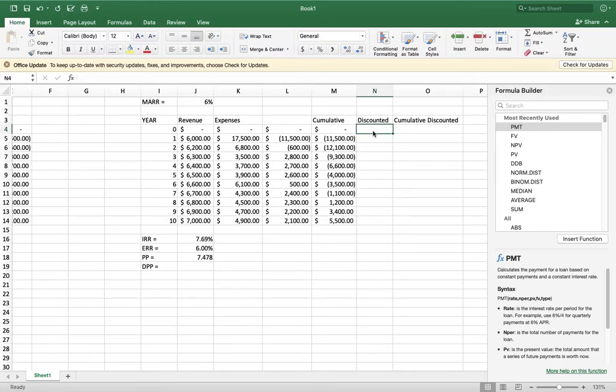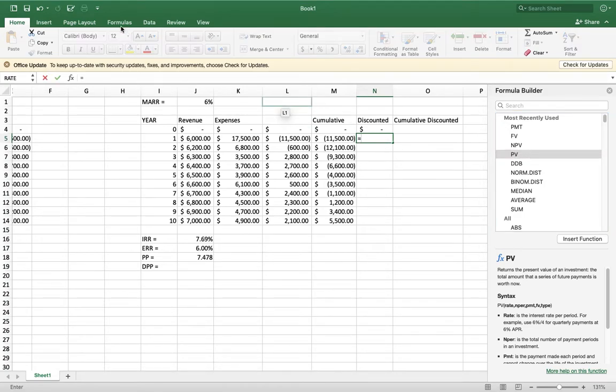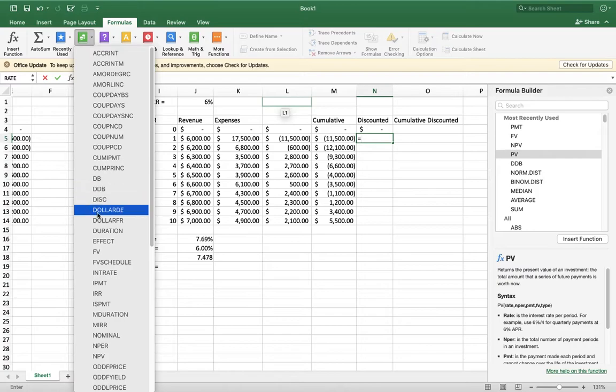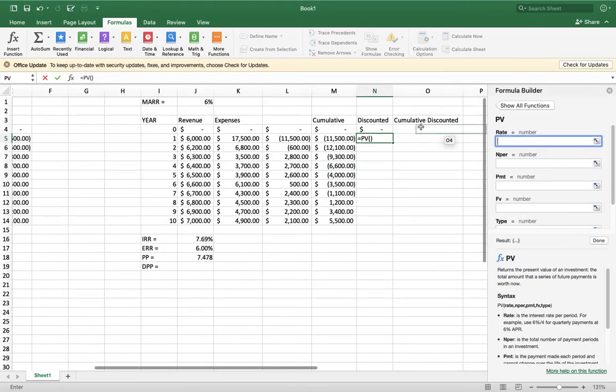And so to find the discounted, what we need to do, like we've talked about a lot in this class, is basically find the present value for all of these. So we do a present value function. So we would say equals, and then go to the formulas, look for present value, and we'd give the rate, and we're going to do this for a lot of values, so we'll do that to make sure that it stays the same.